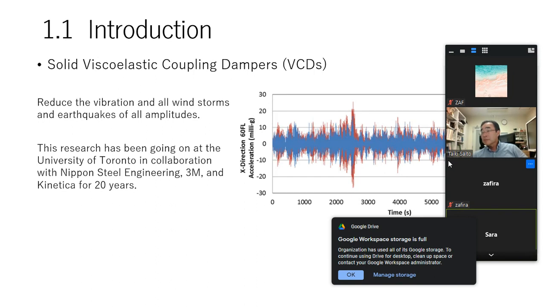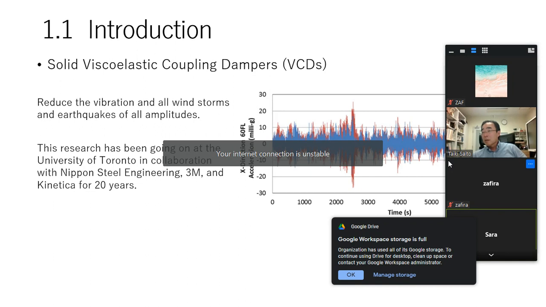What is a solid viscoelastic coupling? It provides distributed damping that improves the dynamic performance of tall buildings for all amplitudes of vibration.